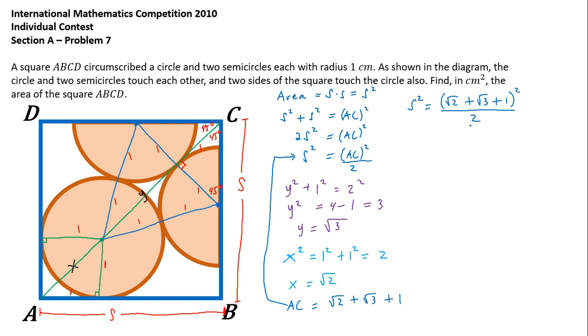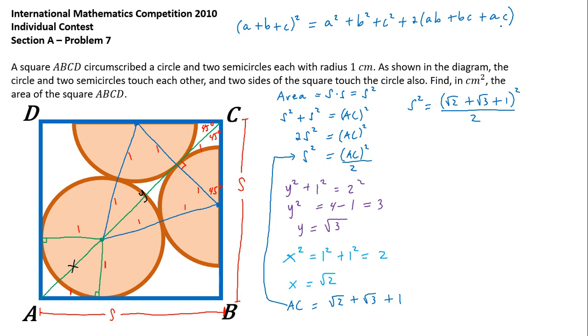I'll just apply an identity that will make the expansion easier. So I don't know if you're familiar with this identity, but the square of a trinomial a plus b plus c is equal to a squared plus b squared plus c squared plus 2 times ab plus bc plus ac. Okay, so this identity will save us some of the work.